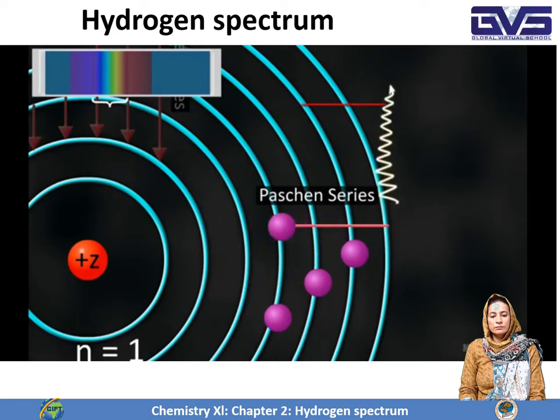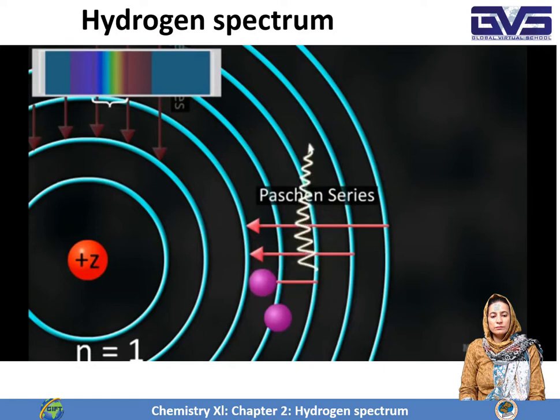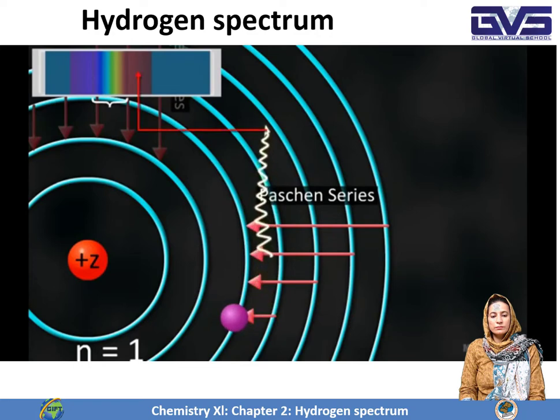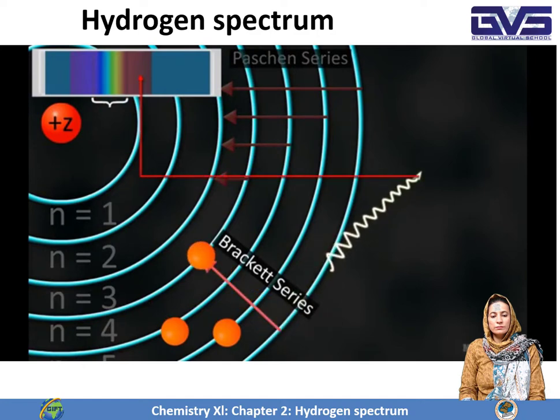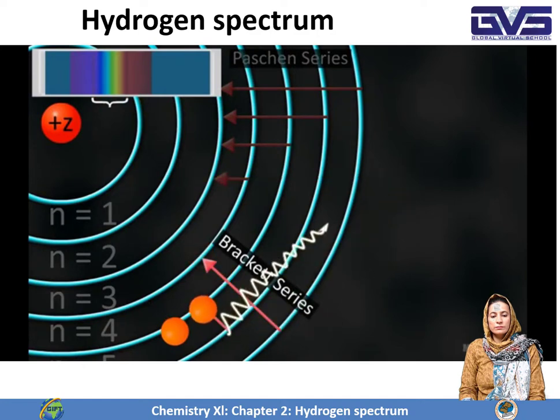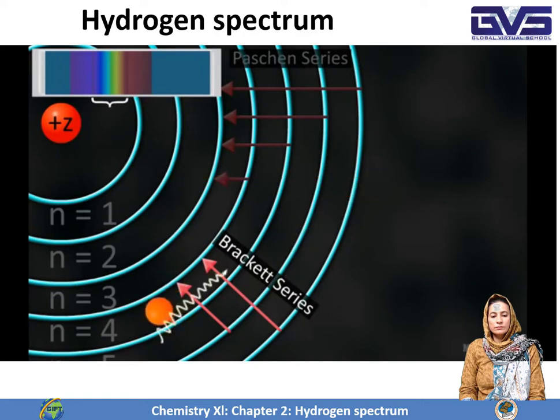When a transition from higher orbits to the third orbit occurs in the atom, the Paschen series is obtained. The values of frequencies obtained in this transition lie in the infrared region of the electromagnetic spectrum. When a transition from higher orbits to the fourth orbit occurs in the atom, the Brackett series is obtained.